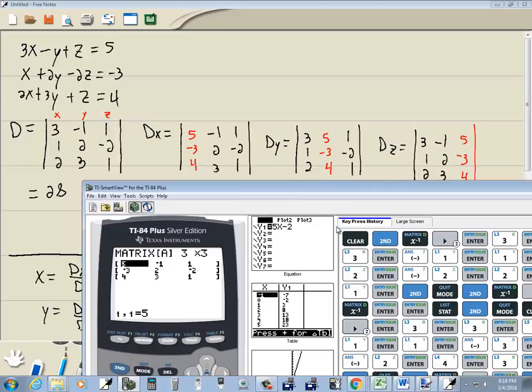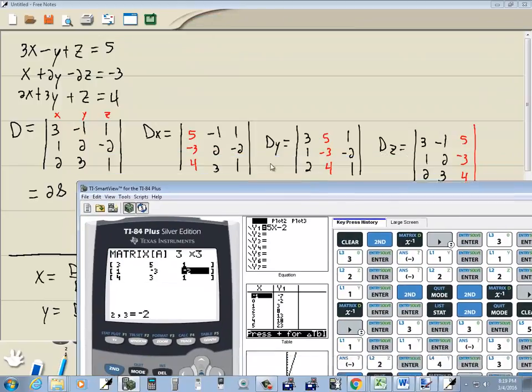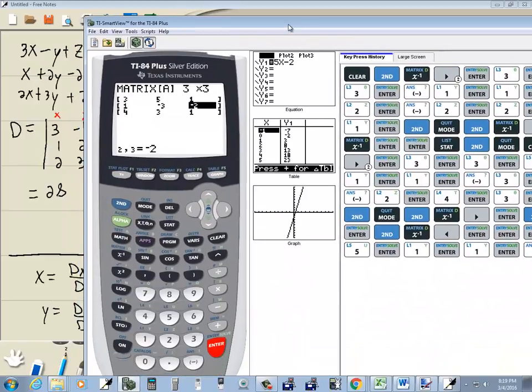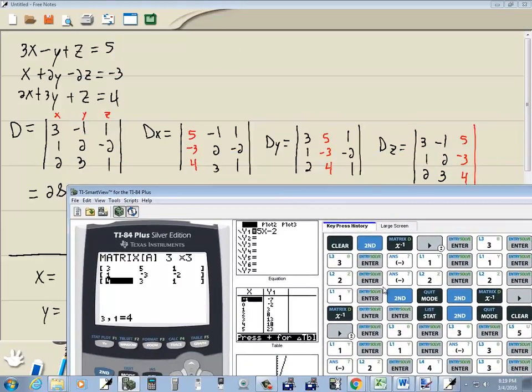Okay, so now I'm going to do 3, enter, 5, enter, 1, enter, 1, enter. -3, that's the one in the bottom row here, enter. -2. On this emulator I can type everything except for negatives on my keyboard, that's why I'm moving that up. And then 2, enter, 4, enter, 1, enter. So I got 3, 5, 1, 1, -2, -3, -2, 2, 4, 1.